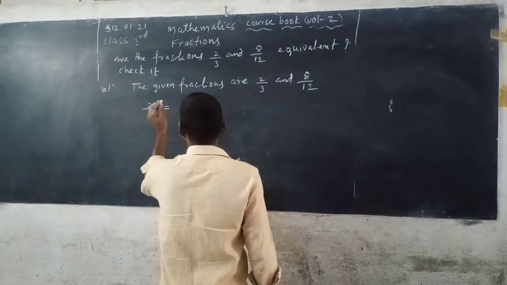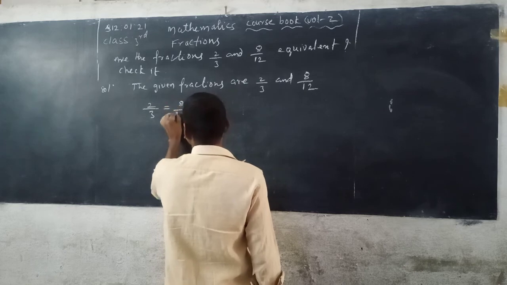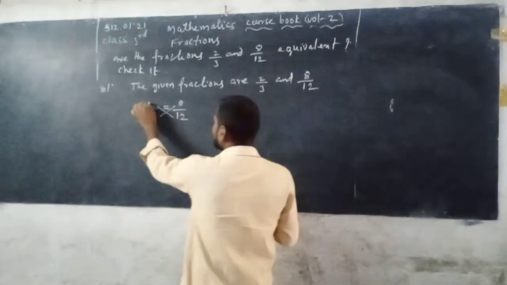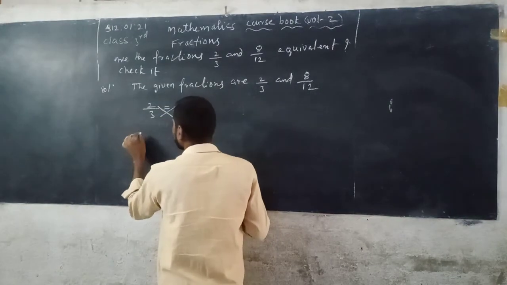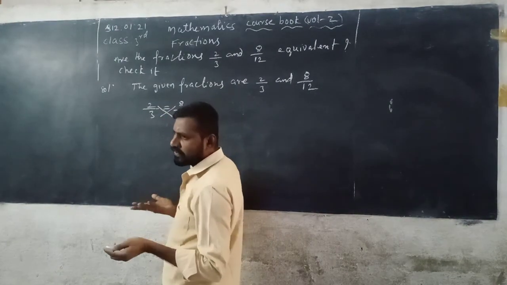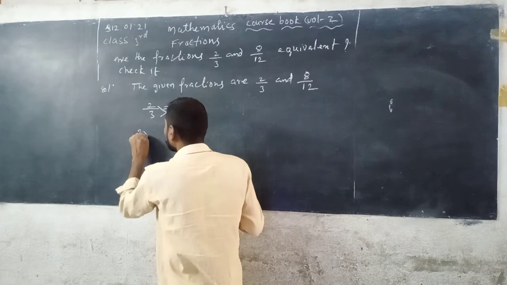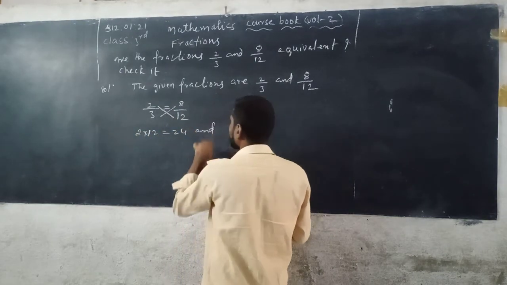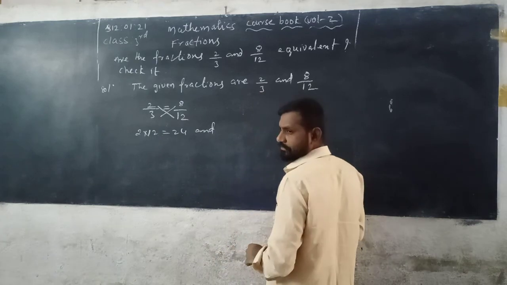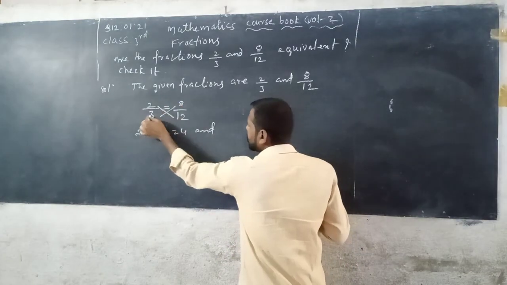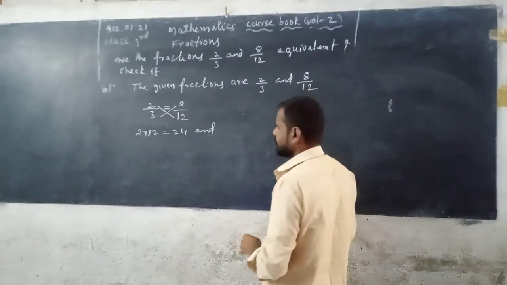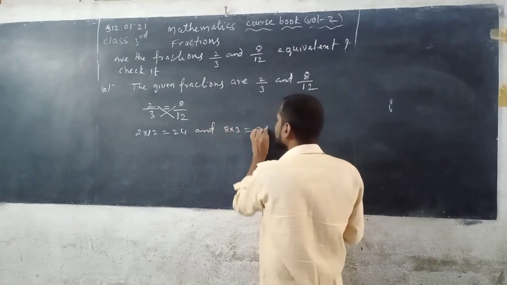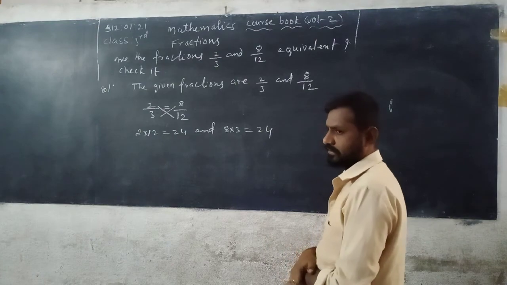Okay, see here, 2/3 equals 8/12. Then take cross multiplication. 2 into 12, or 12 into 2. So 2 into 12, 12 2s are 24. And 8 into 3, or 3 into 8. 8 3s are 24.